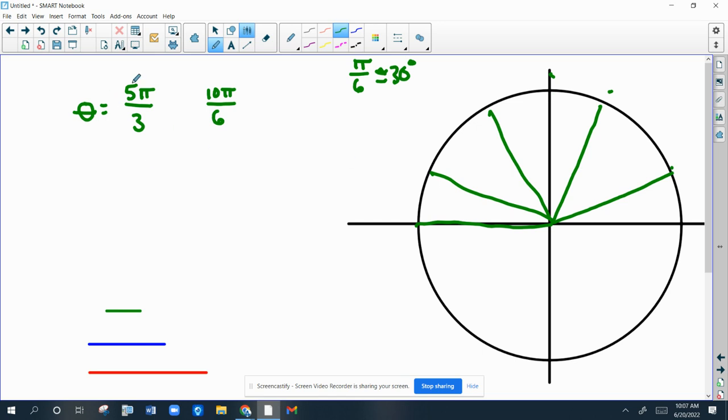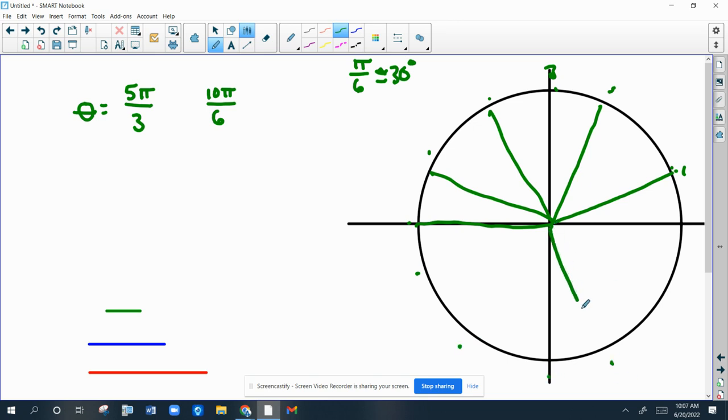So if theta is 5 pi over 3, which is 10 pi over 6, you just count 10 of these spokes. So here's 1, 2, 3, include the axes, 4, 5, 6, 7, 8, 9, 10.